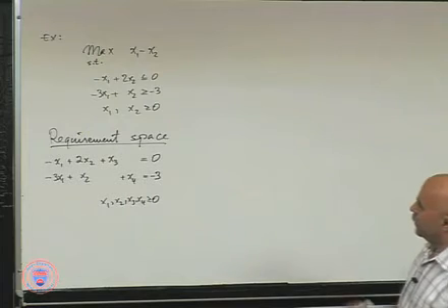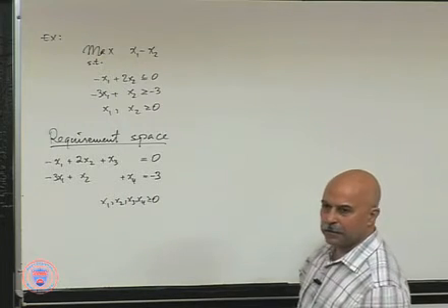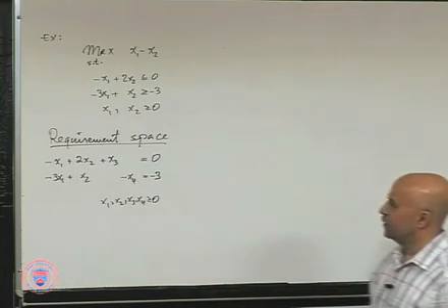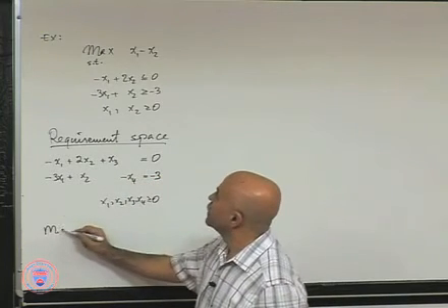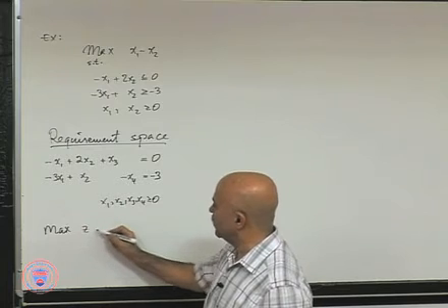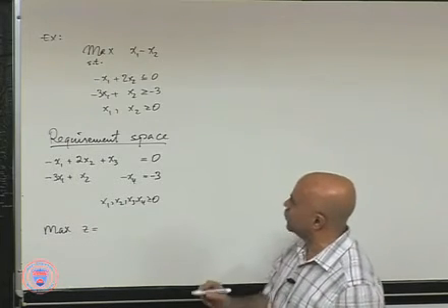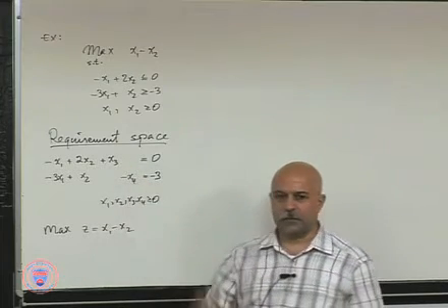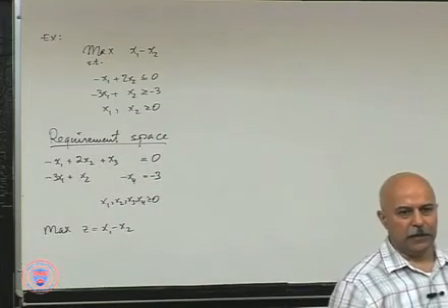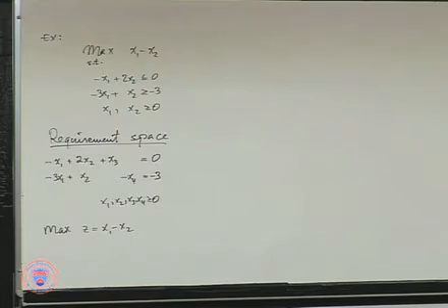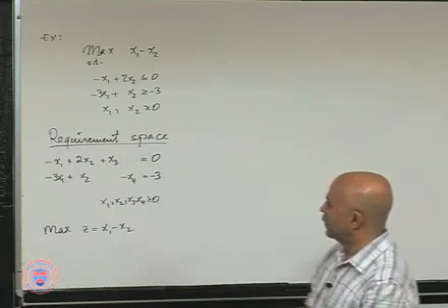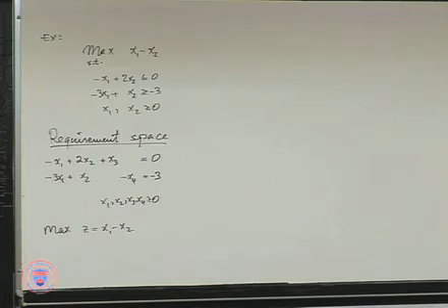Minus 6? Yes, that's a minus, thank you. And the objective function is still the maximization. Let's also take z to be the value of the objective function, x1 minus x2. By the way, slack and surplus variables don't contribute anything to the objective function. They simply absorb the excess amount or the deficient amount in the constraints, so they don't change the objective function.